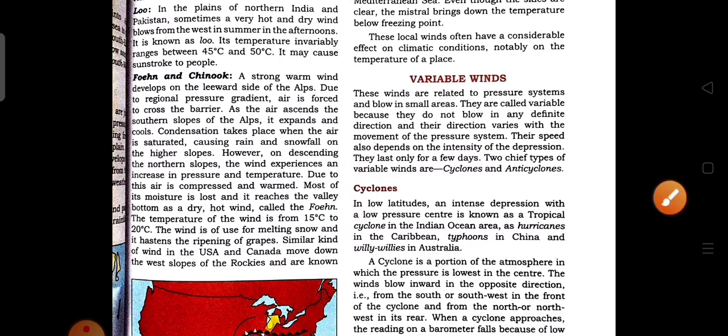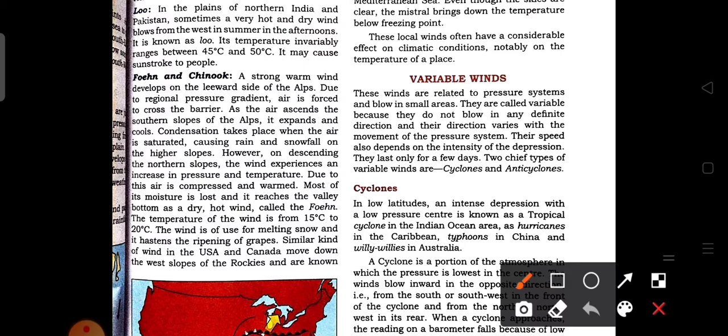It expands and cools as it gets to the higher altitude, and condensation takes place when the air is saturated, causing rainfall and snowfall on the higher slopes.